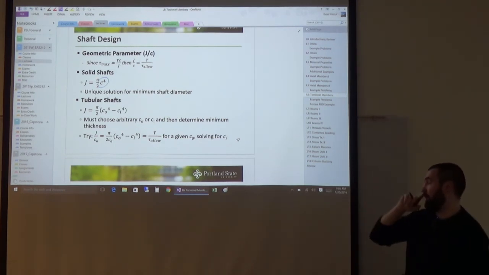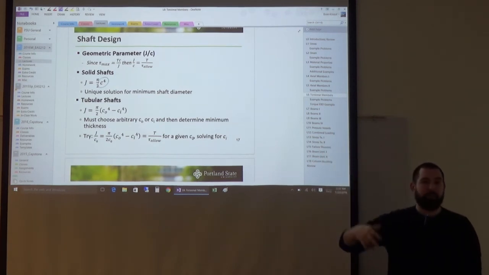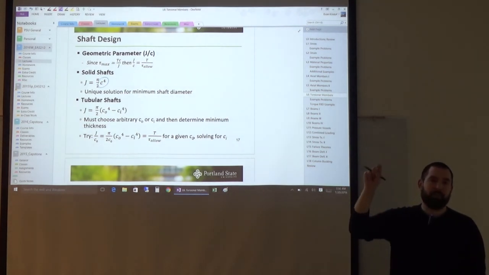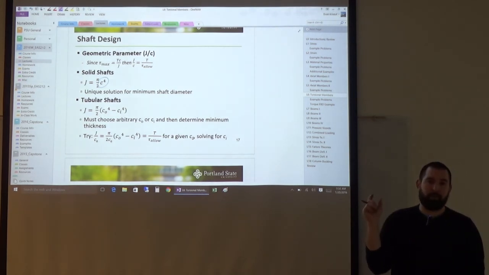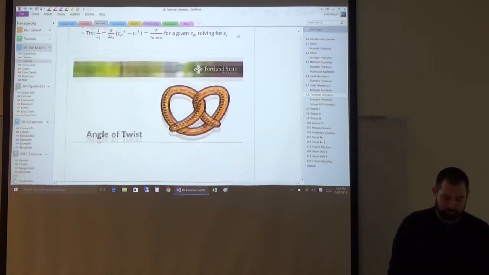Oftentimes, if we had a question like that, we would look at a table of available pipe or tube sizes and say, well, I see for a 6-inch outer diameter there's multiple different thicknesses, so you might set the outer diameter to 6 inches and see what the minimum thickness or the minimum inner radius would be, then choose your pipe that way. So you'd base it off what available sizes are out there.